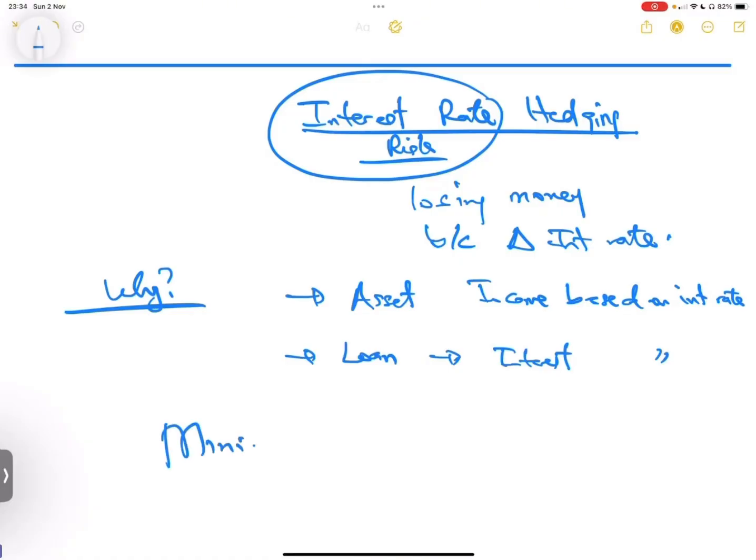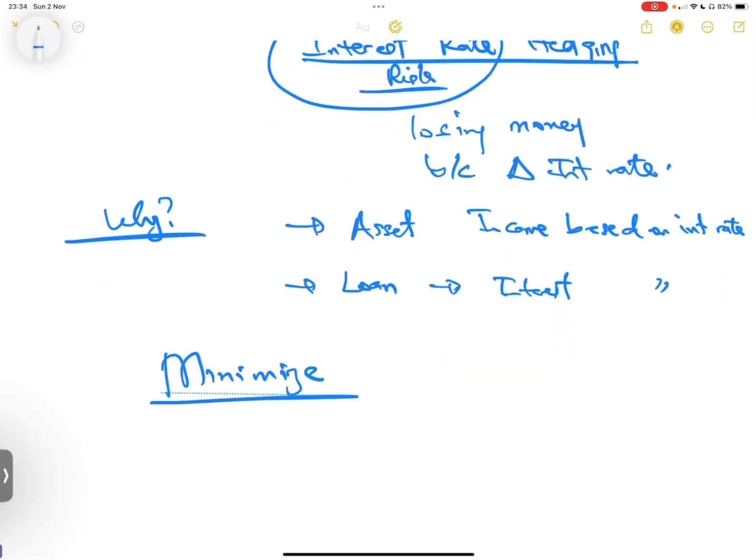So you want to minimize it, which means, take for instance, if you have a borrowing, that borrowing might have an interest rate that is fixed.